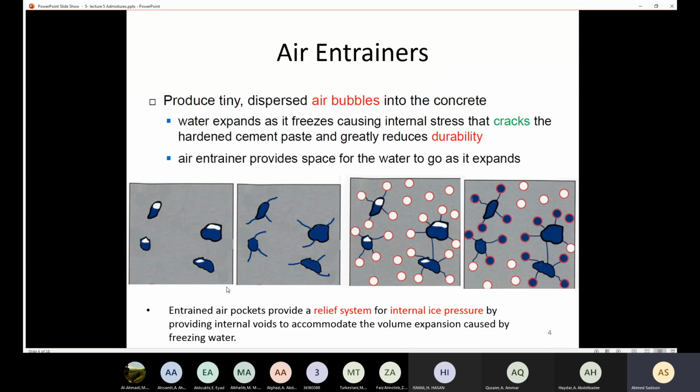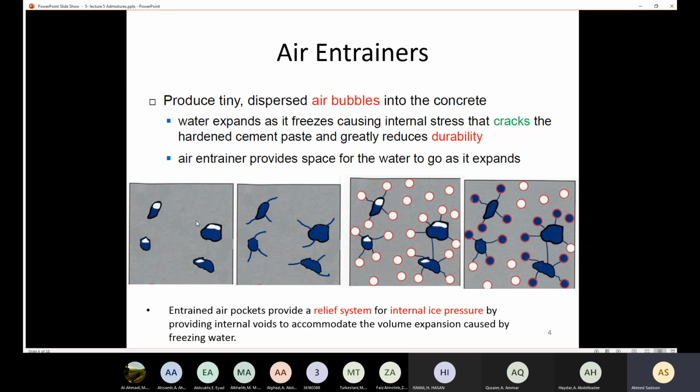We know that in some areas, especially in cold regions, we have voids inside the concrete. And when these voids fill with water, and the temperature decreases, then the volume of the water is going to expand, because the water is going to become solid.